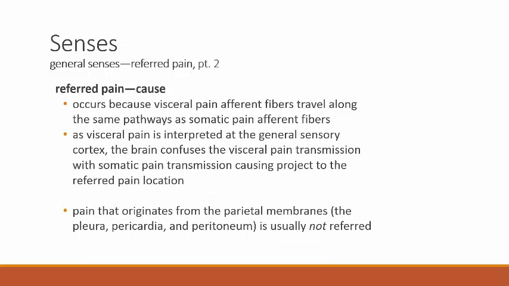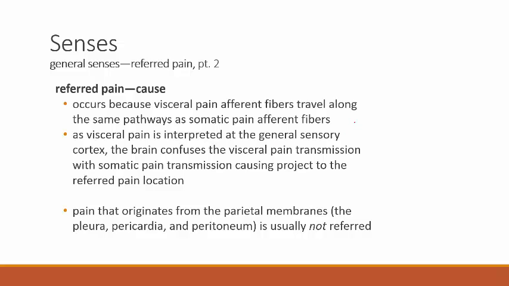And the reason that referred pain happens is that the afferent fibers that are bringing that pain sensation to the central nervous system use the same pathways as the somatic pain fibers, the ones that are transferring the somatic pain to the central nervous system.